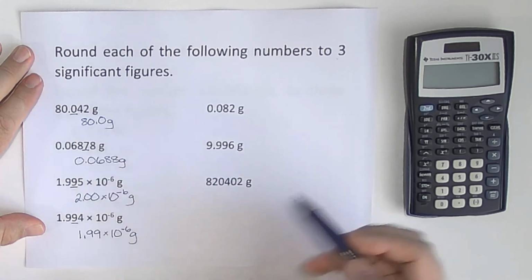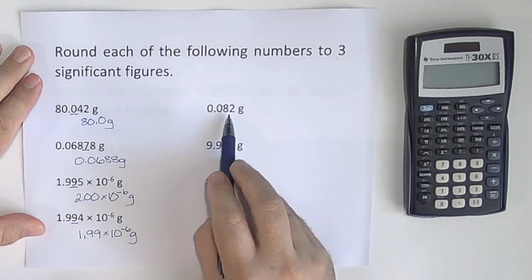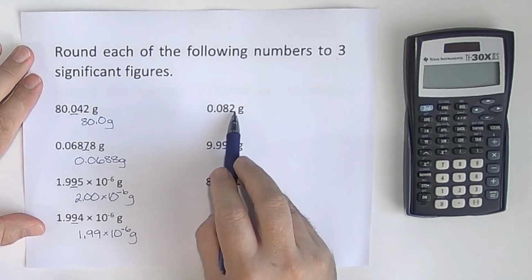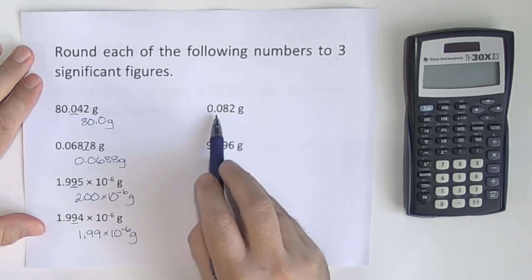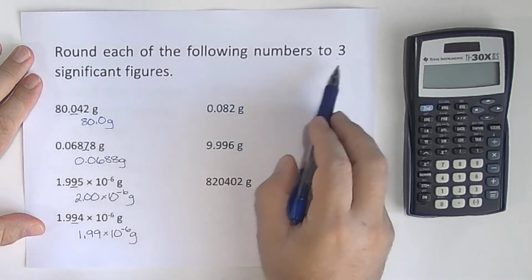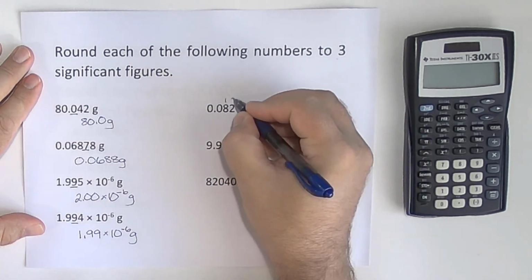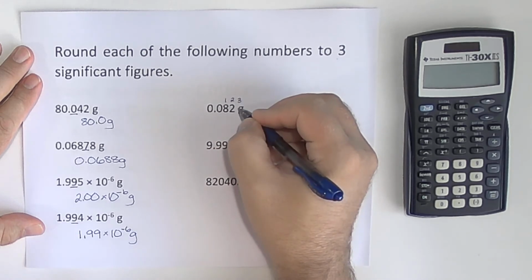On the right side, I have some interesting special cases. So this one comes up reasonably often, and calculators and Excel will drop trailing zeros. So let's say your calculator has 0.082, but you know you need 3 significant figures. In this case, 1, 2. The third significant figure is missing.